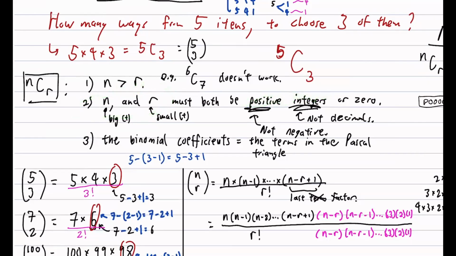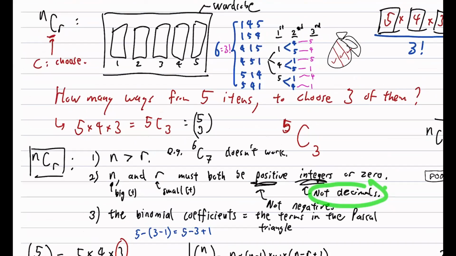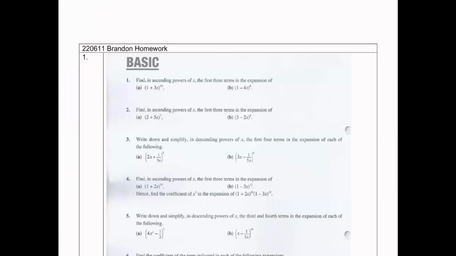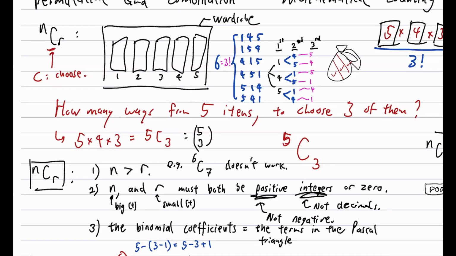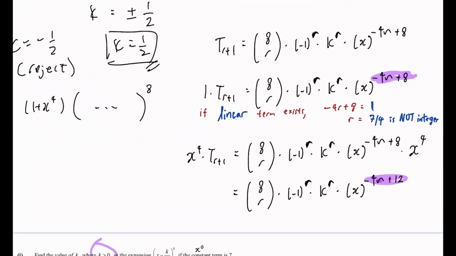They must be whole numbers, no decimals. 7 over 4 will have decimals. So if you look back over here, we get 7 over 4, which is wrong. It cannot be a non-integer. That means it's impossible. This is impossible. What we call a contradiction.